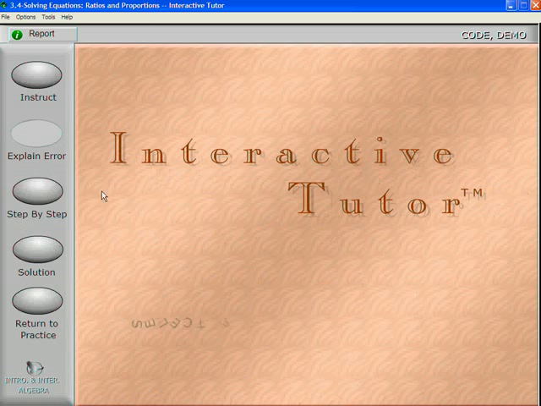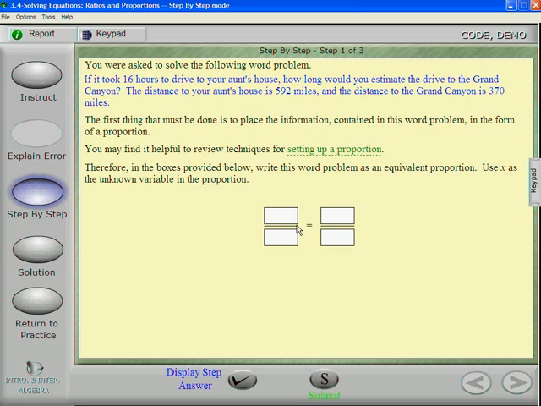In the tutor mode, they do give you the step-by-step. So we could say 16 is to 592, which is talking about hours versus distance to the aunt's house, using x as an unknown, versus 370.